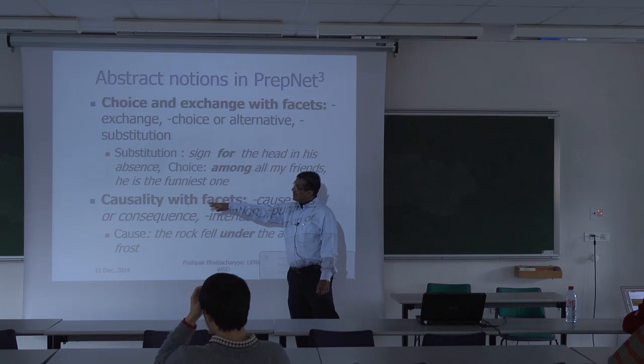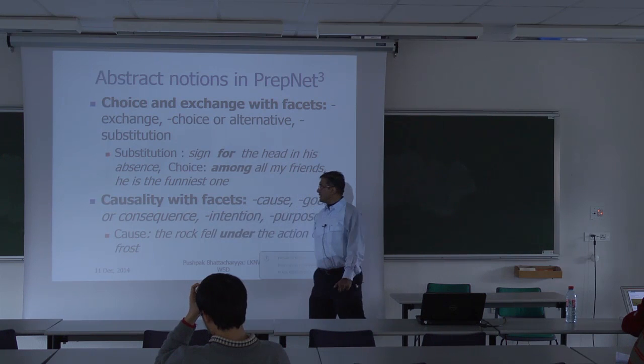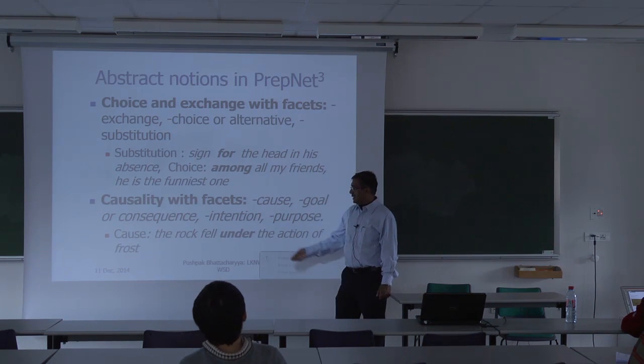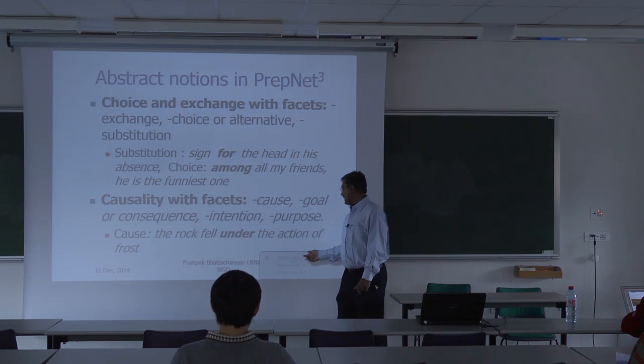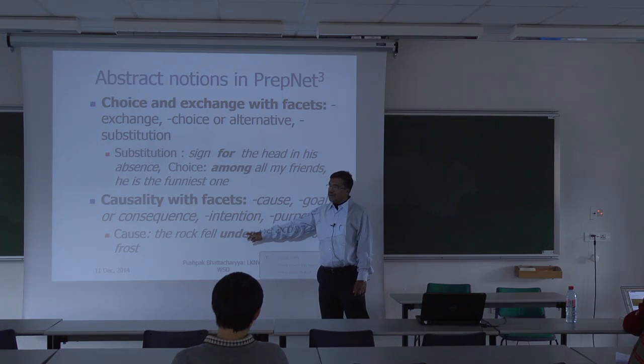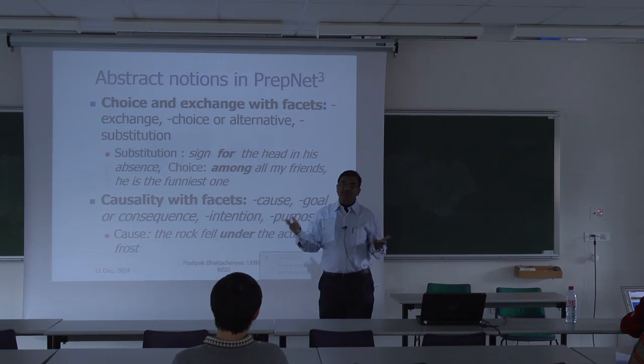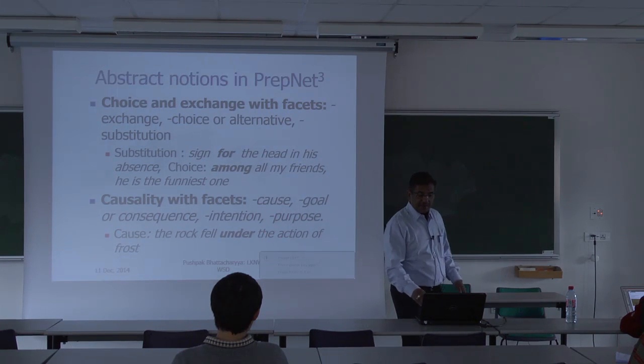A very important class of prepositions is causality prepositions. Then the facets are cause, goal, intention, purpose. The rock fell under the action of frost. Under is the causality preposition, and under is also used as a locality preposition, for example, a localization preposition.